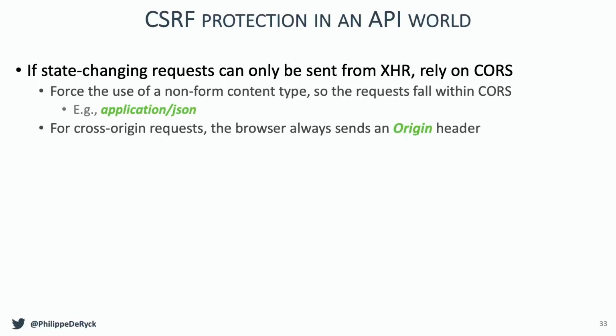And when you send JavaScript across origins, from the attacker's origin to the backend that you're trying to attack, the origin header will be there, and your CORS policy will decide whether this is allowed or not. So if you have such an API, you need to make sure you have a strict CORS policy in place, and then you're good to go. CSRF will be handled by that CORS policy.